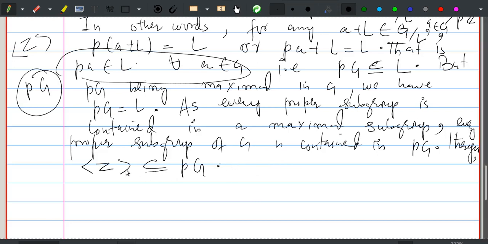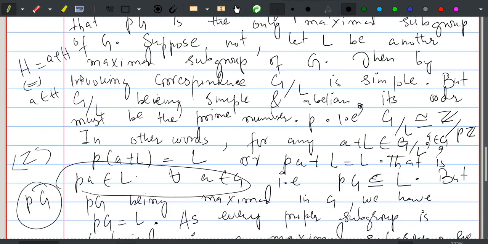Now if this is contained in PG, that means A is in PG. Using this theorem over here, H is equal to A plus H if and only if A is in H. Now let us go this direction.